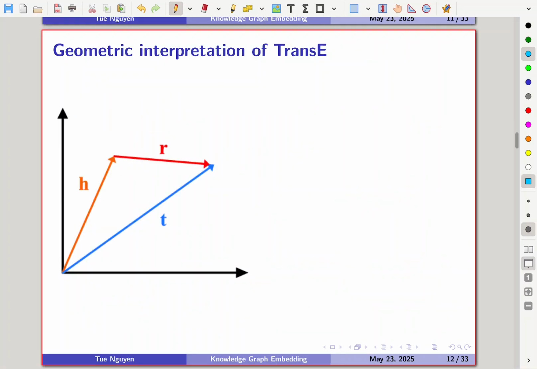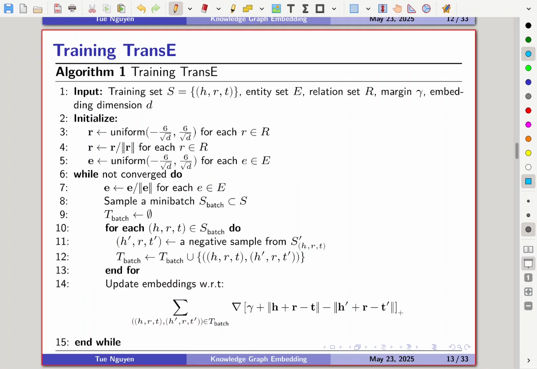And this is the geometric interpretation of TransE as I illustrated before. Here is the embedding space R^d, and we have a representation of the head. We translate by the vector r, and we get to the representation of the tail.